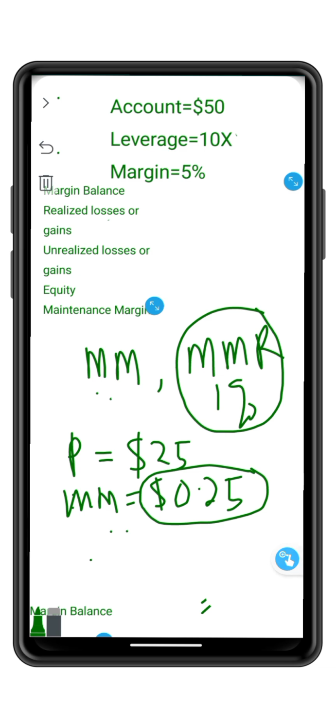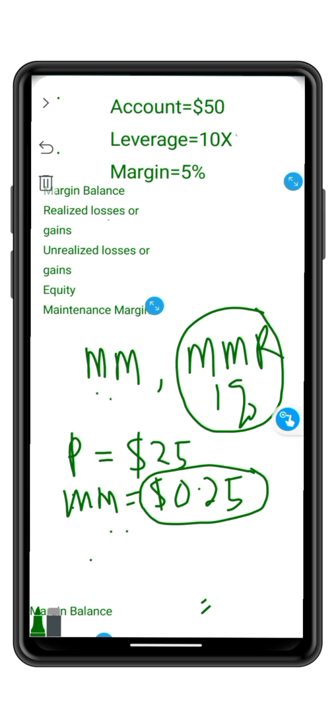It is the minimum amount of money that must be maintained on your account to keep your trades open. So when you are running at a loss, you should know what your maintenance margin is, because the moment your balance drops to that, you are going to lose your trade. So let me give you an example.